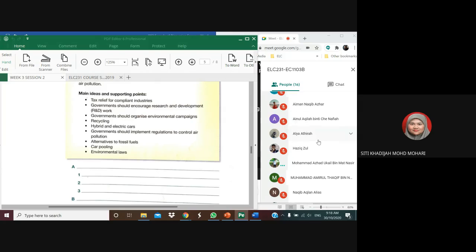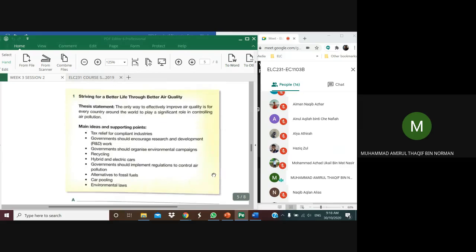Okay, thank you, Azhad. Amirul Sakif, number 2. The next topic sentence is: government should implement regulations to control air pollution.